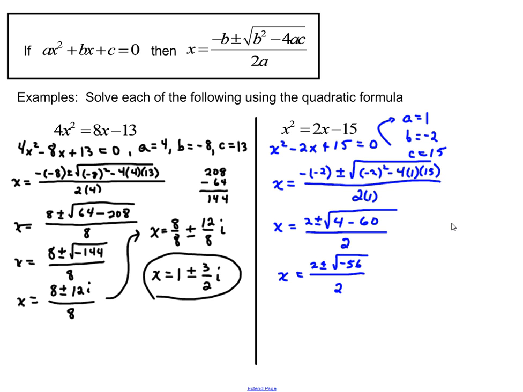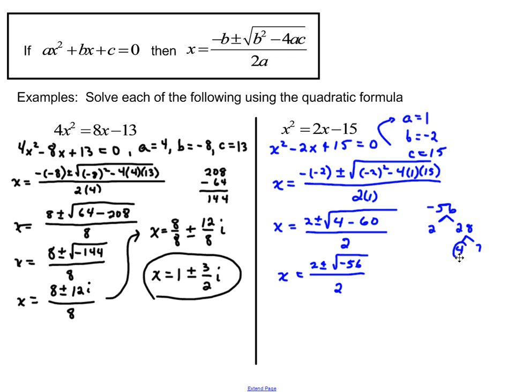All right, we need some perfect square factors of negative 56 if we can reduce this thing at all. So let's see. Negative 56. What do we got here? Well, it's certainly divisible by 2, right? Because if you divide by 2, you're going to get 28. But 28, that's divisible by 2, right? That's, as a matter of fact, 4 times 7.